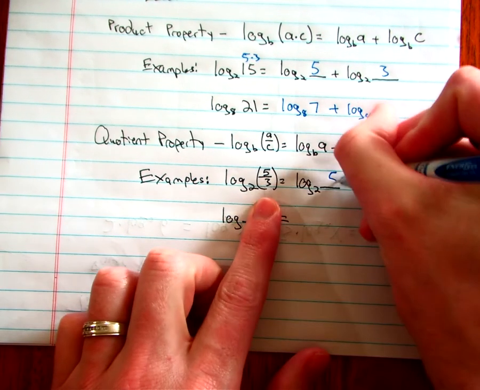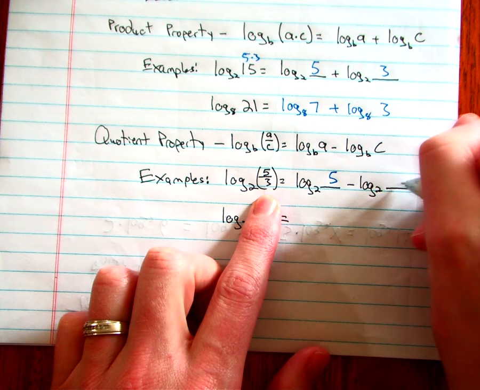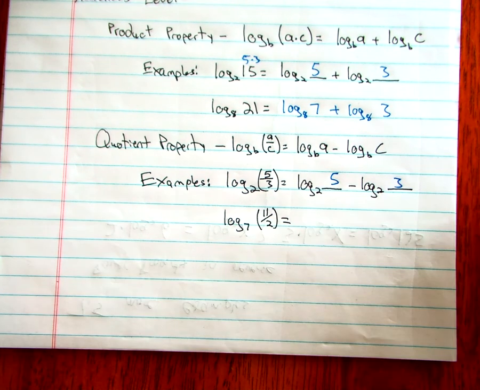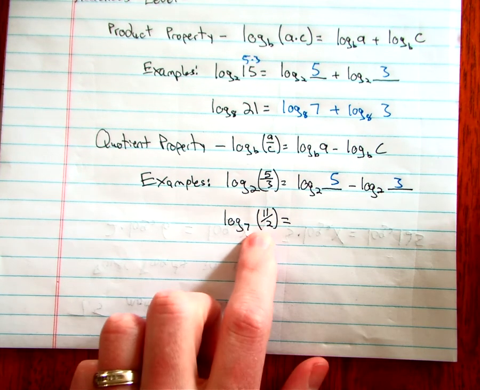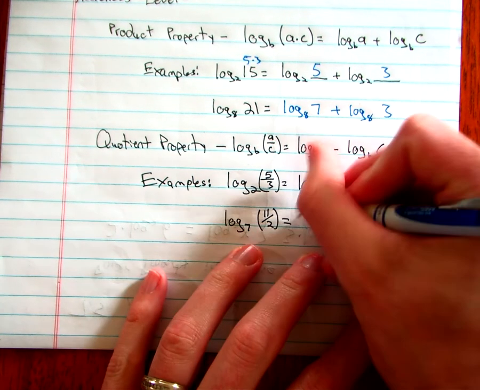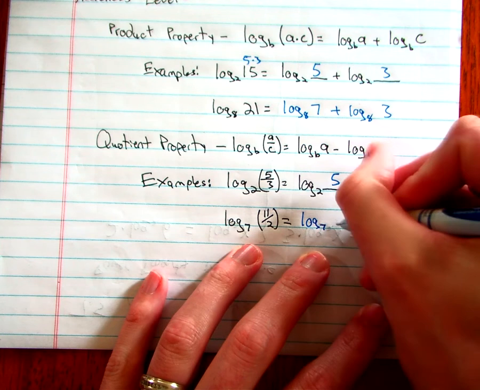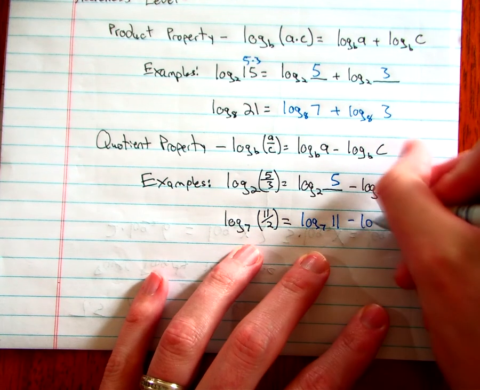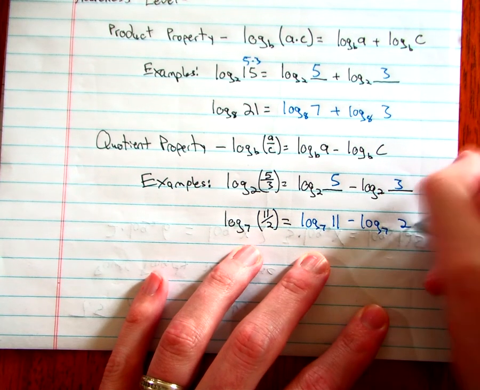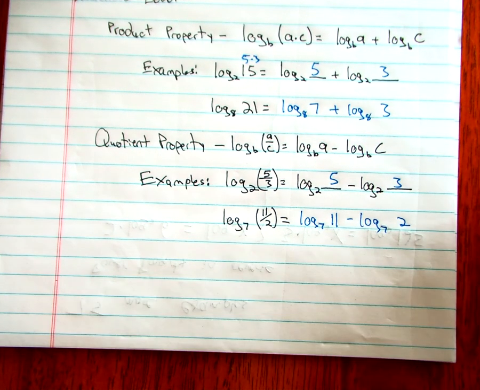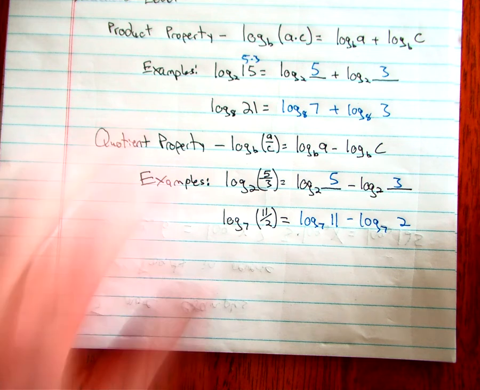So this would be log base 2 of 5 minus log base 2 of 3. And for this one, log base 7 of 11 minus log base 7 of 2. Just an awareness level on those guys.